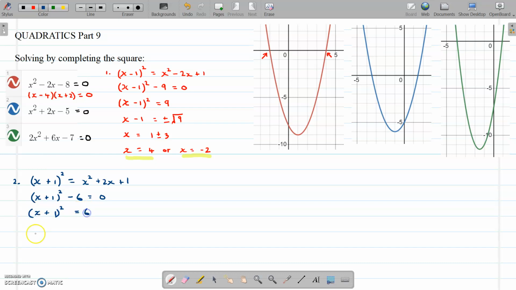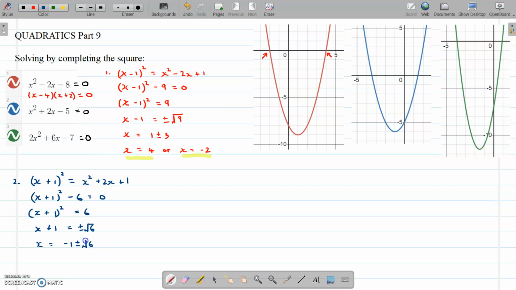Then I will have x plus 1 being plus or minus the square root of 6, and then I just need to subtract 1 from both sides, and as I said before, we tend to put that in front of the surd. Minus 1 plus or minus root 6.